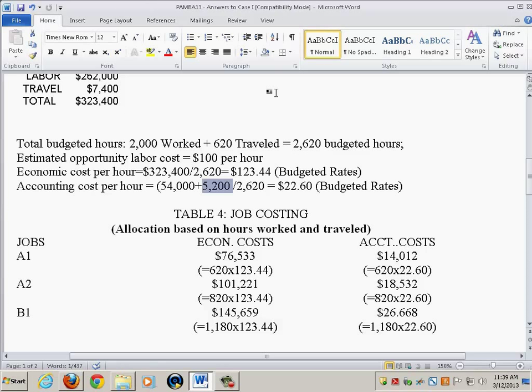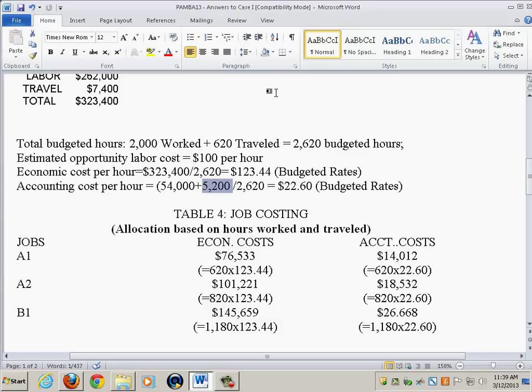So that'll be the only difference between the accounting and the economic approach. So it's very interesting. Just by deciding to pay yourself a salary, from an accounting point of view, you suddenly increase the cost significantly and decrease your profit significantly, which is a peculiarity of how accounting recognizes things or doesn't recognize things.